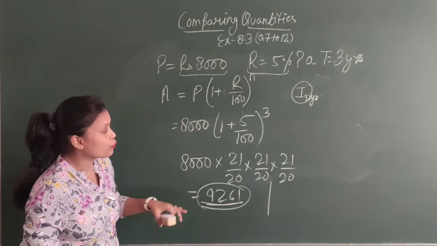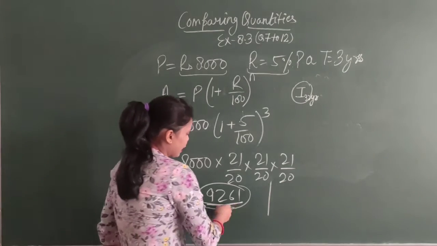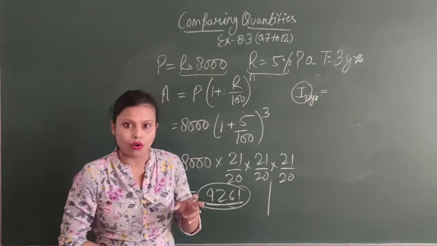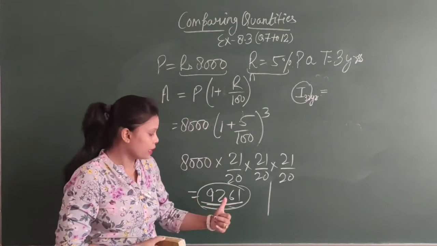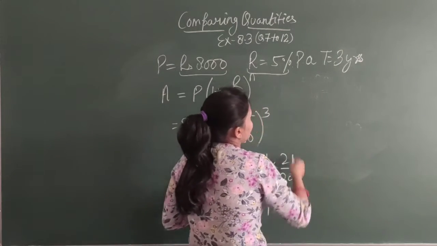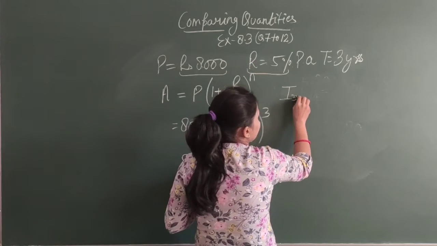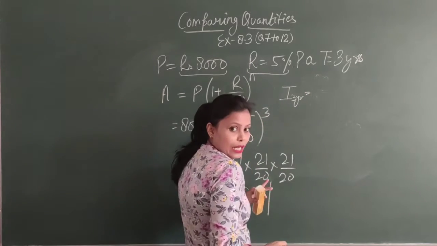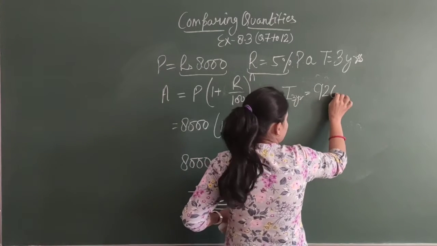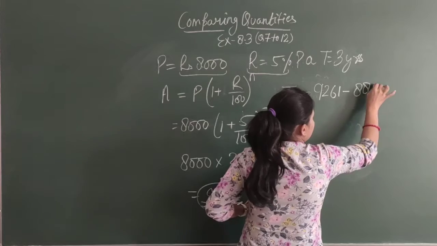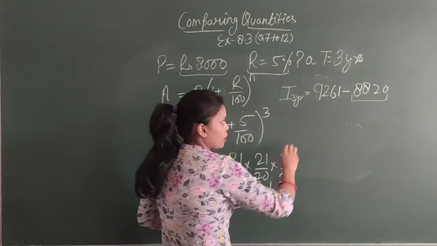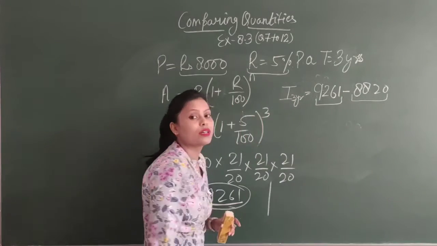right? That will be calculated by, if we subtract the amount of second year from the third year. What I am saying, interest of third year we will get by subtracting the amount of second year from amount of third year.